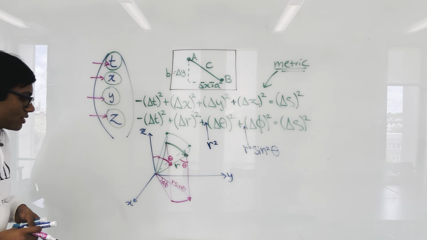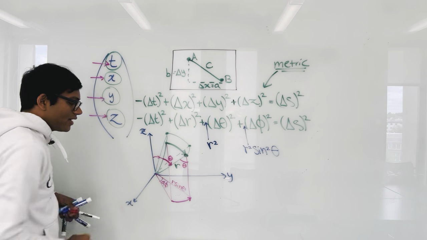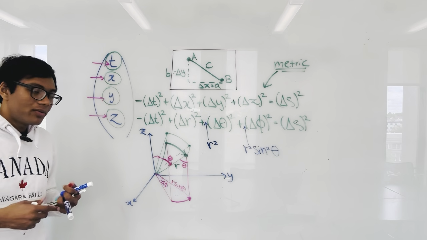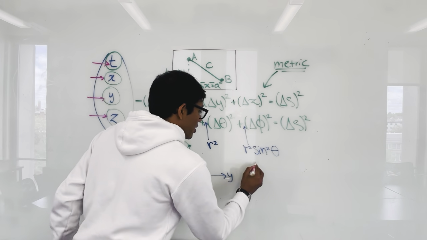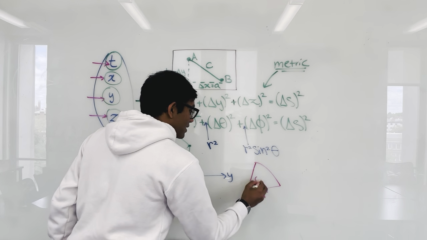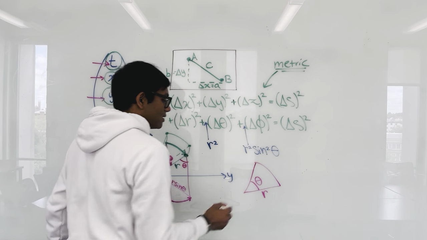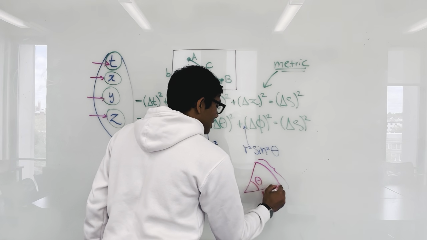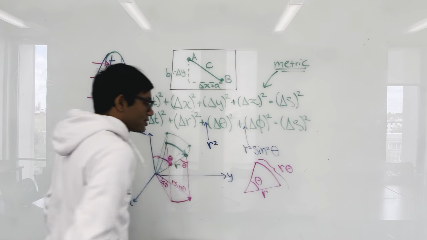And if this is r sine theta and this is d phi, then remember from our previous equation, when we had a circle of radius r and a small step of angle theta, the arc length was r theta. Just multiply them.